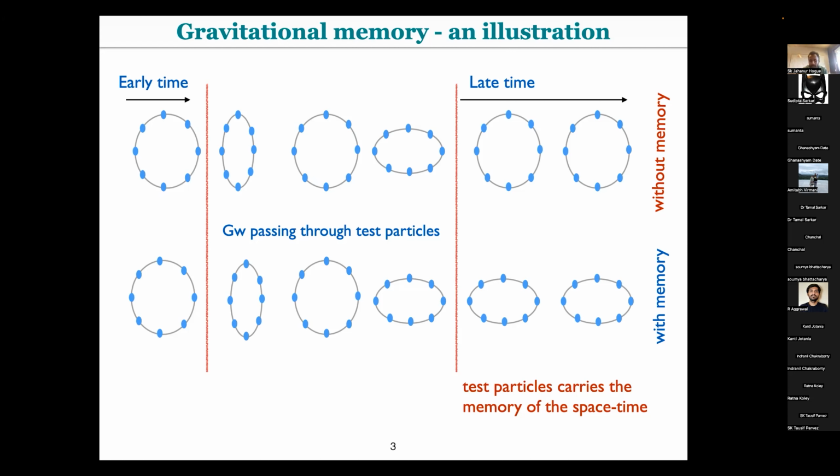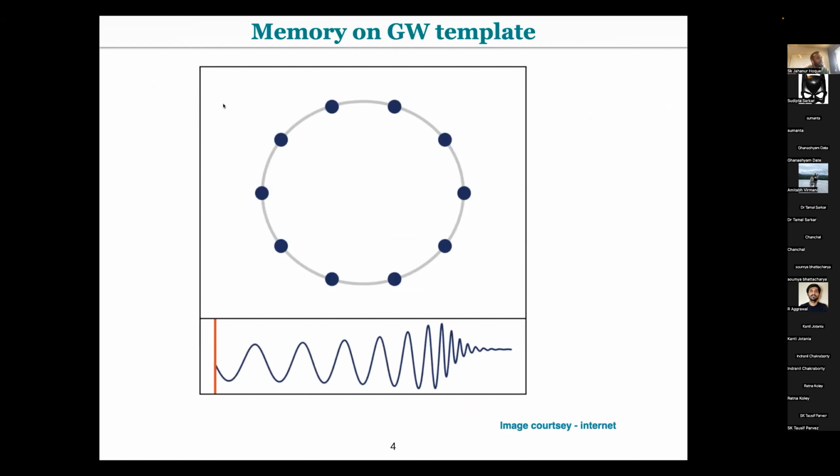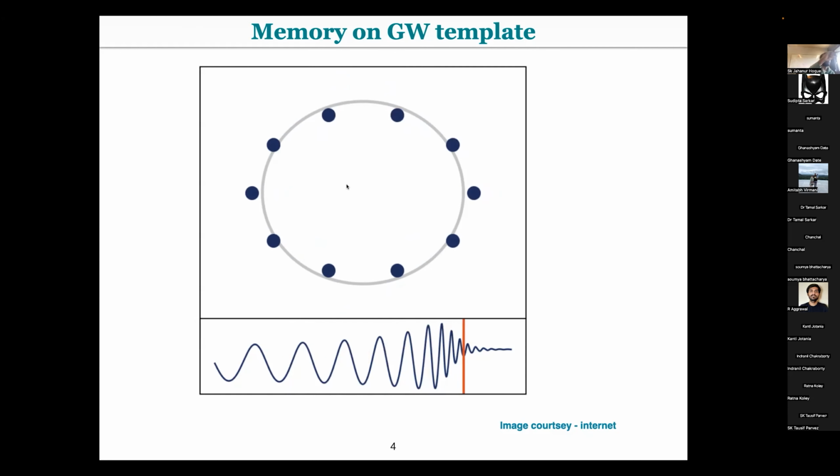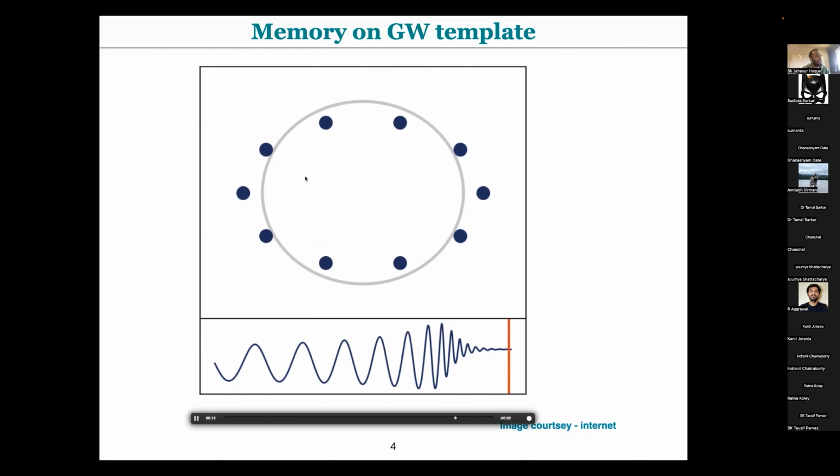Then you can also ask what happens to the gravitational wave template if the wave has a memory. Can you see the animated video? Yes. This basically says that if the gravitational wave passes perpendicular to the test particles, then the frequency of the wave increases, and also the amplitude, and you can also see there's an offset.